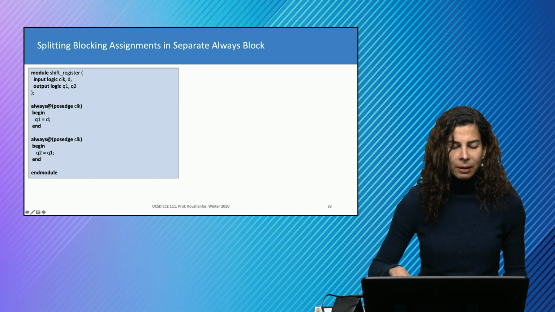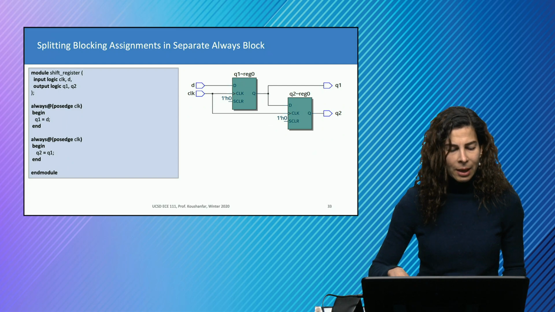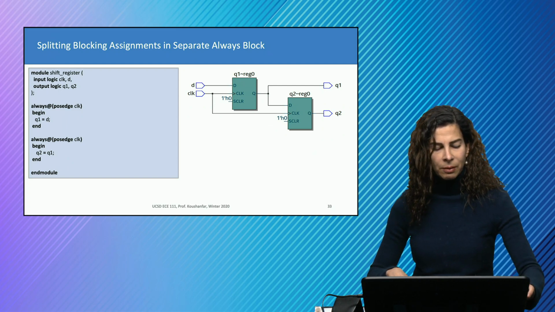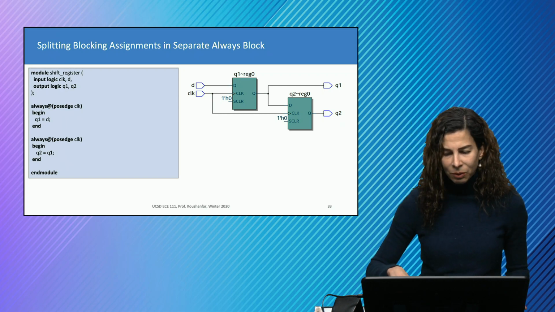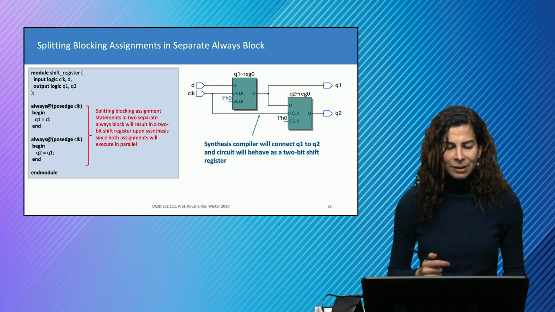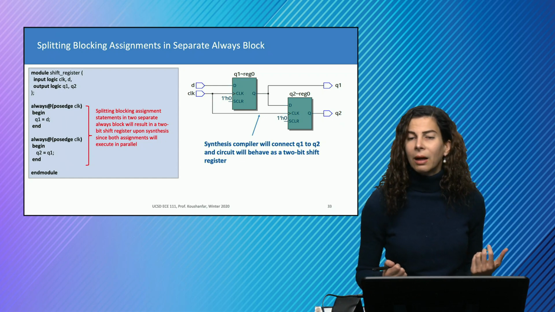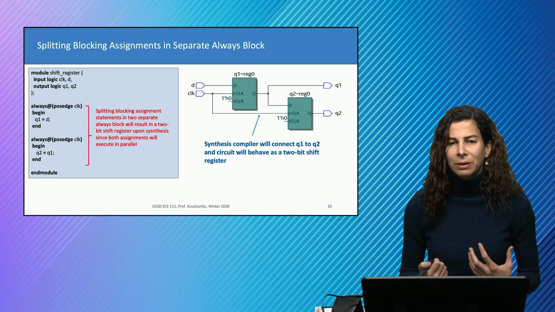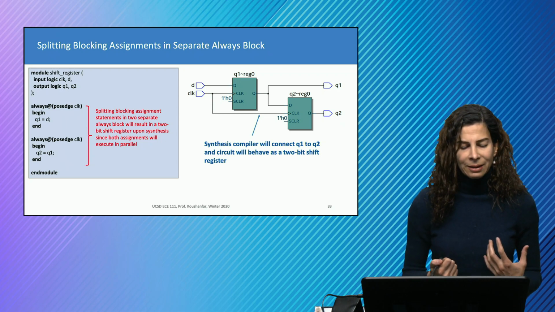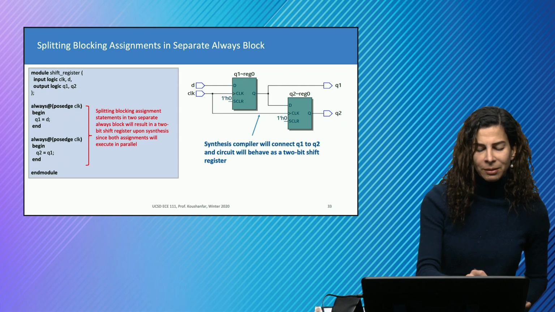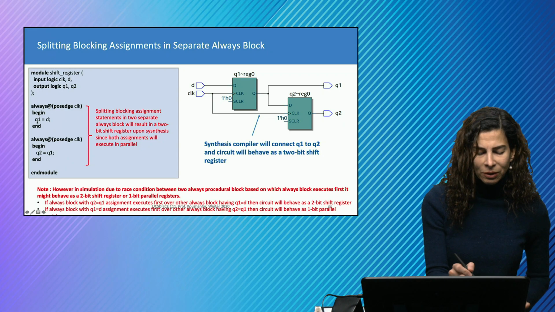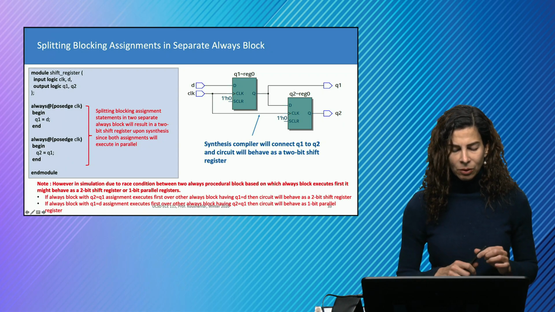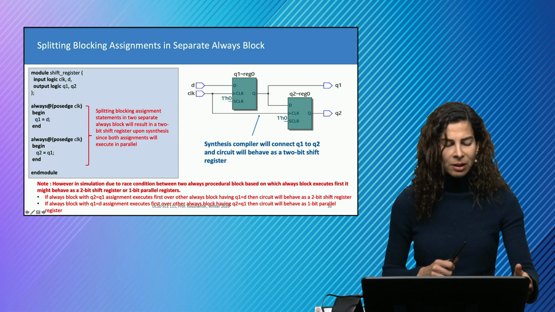You could also split blocking assignments into separate always blocks. In this case, it's the same circuit that we had earlier, but the splitting will be generating a 2-bit shift register, as every time this positive edge of the clock goes, it's going to generate one of these registers, and then this is going to have a race condition in simulation.